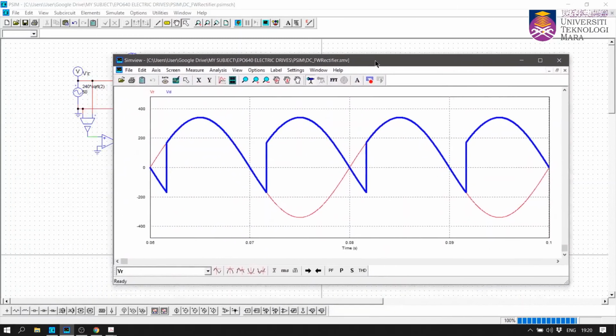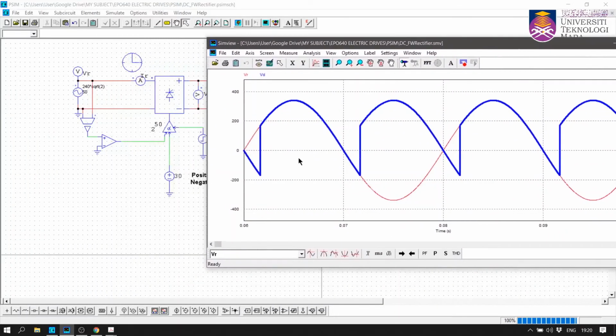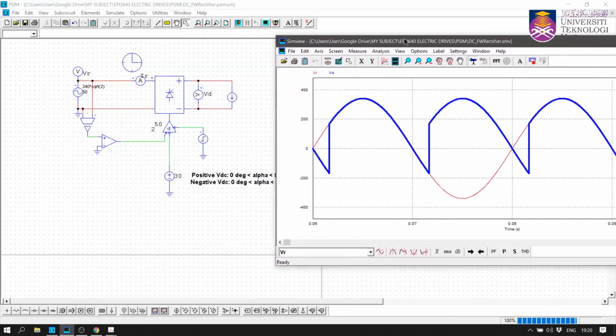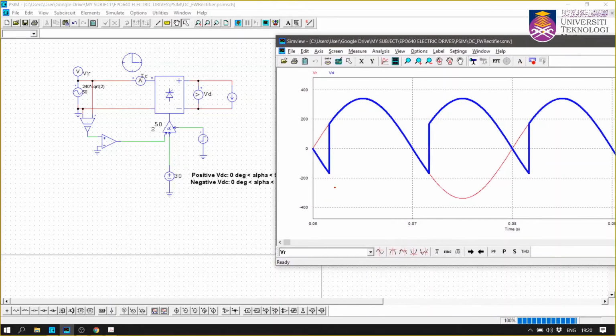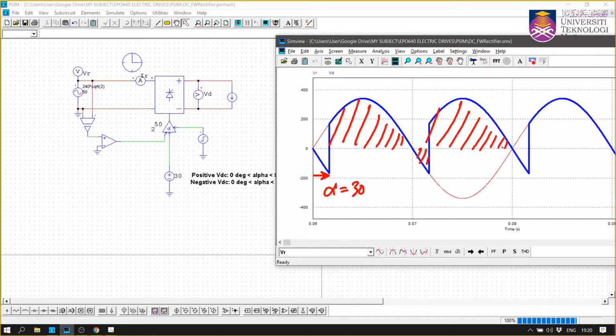The blue waveform here is the output voltage. If you measure from there to there, alpha equals 30 degrees. If you take the average, you can see that the positive area is more than the negative area, isn't it? So the VT will be positive.